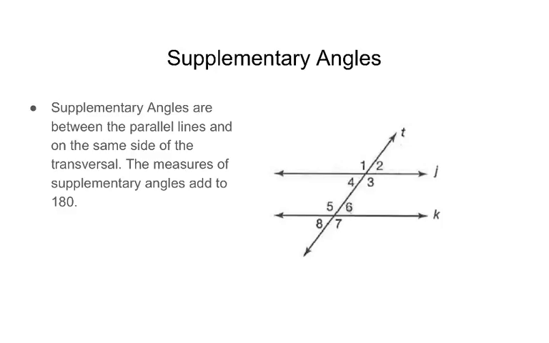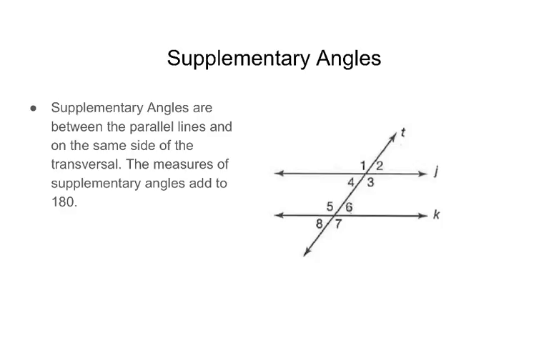Let's talk about supplementary angles. Supplementary angles are between the parallel lines and on the same side of the transversal. And when you put their measures together and add them, they make 180 degrees. We talked about supplementary angles a lot last year, but not necessarily on parallel lines. So there are two sets of supplementary angles on parallel lines.